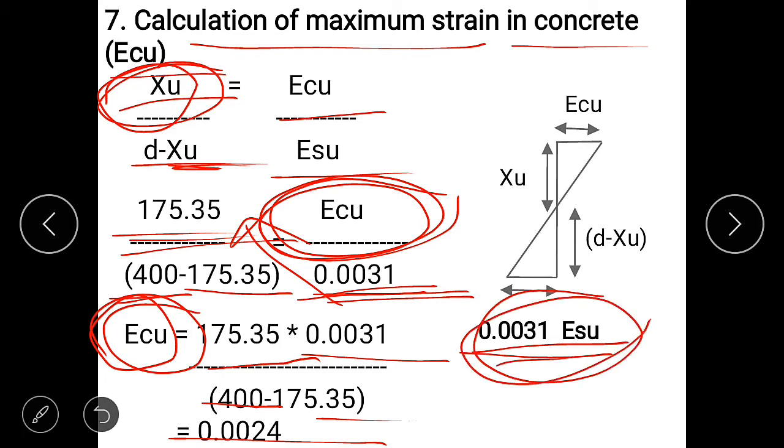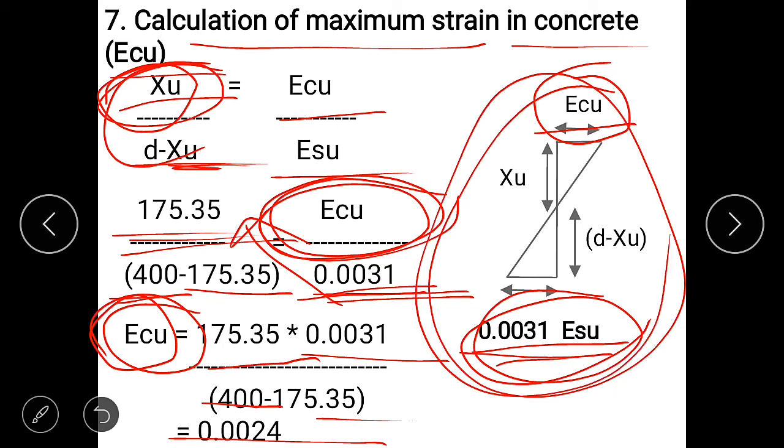So the value is 0.0031. And we have to calculate here maximum strain in concrete. So by using this diagram, by using triangle, we find here xu divided by d minus xu, and epsilon cu divided by xu. So from this triangle we find this.